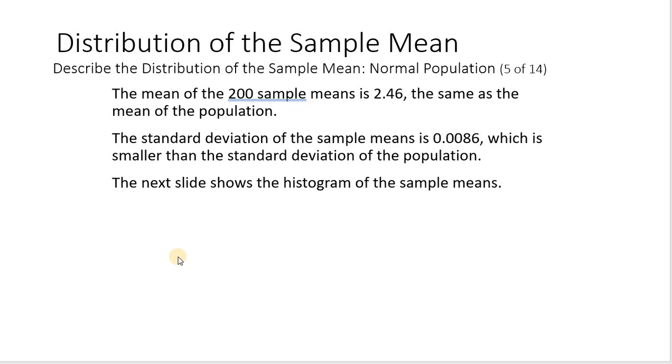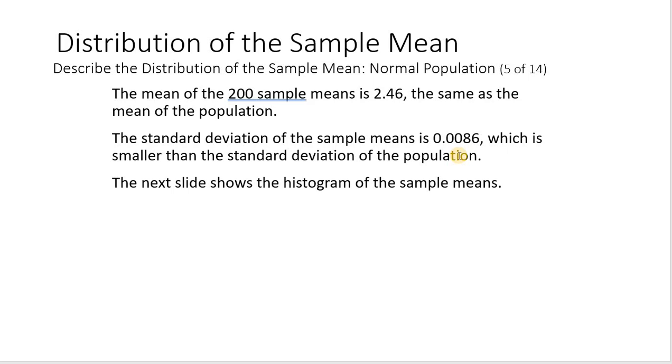The standard deviation of the 200 sample means of x bar is 0.0086, which is smaller than the standard deviation of the population. If you compute the standard deviation of the population of the weights of the minted pennies, you're going to get a number that is slightly bigger than that.